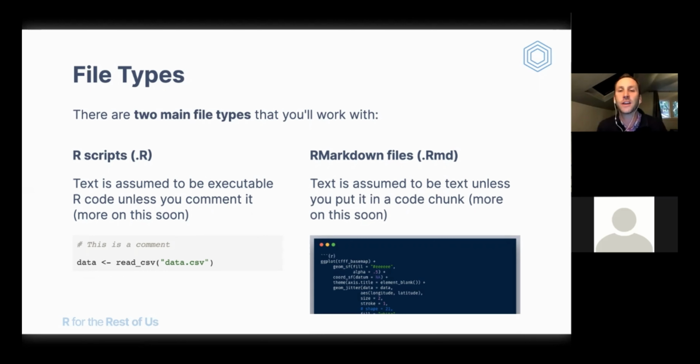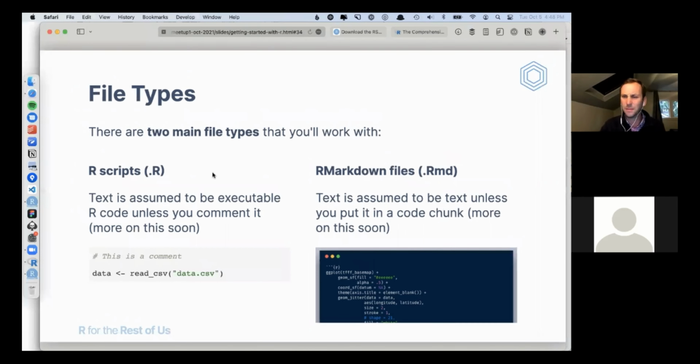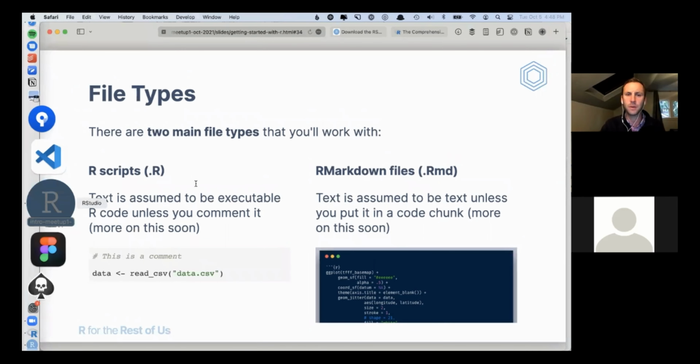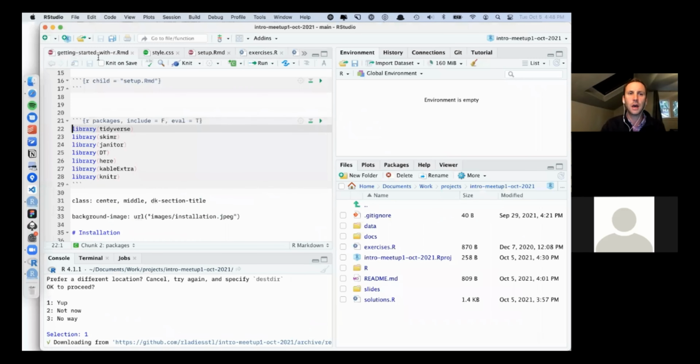Unfortunately, we're not going to really get to how R Markdown works today. But the important thing to know is R Markdown files end in .Rmd. And within those, text is assumed to be text unless you put it in what's called a code chunk, which I'll say more on soon, although that might be a lie. I'm not actually sure if we're going to get to it.